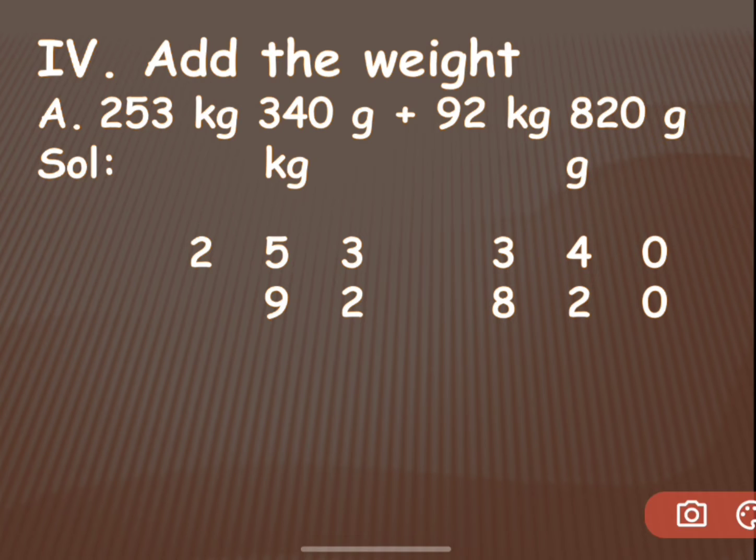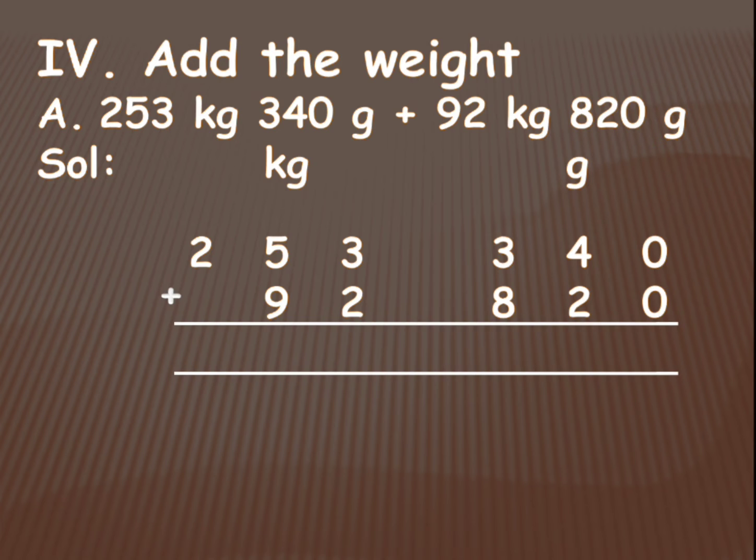So make sure you are writing correctly. Why? Because how we are reading it, 253 kgs, 340 grams. In that way only we are reading, no? So that's why in grams also you have ones, tens, hundreds. In kgs also you have ones, tens, hundreds. So according to those place values, according to the kgs, according to the grams, you need to write it down. Now what we are doing is addition, so you will place the plus symbol. If you are doing subtraction, you will place the minus symbol.